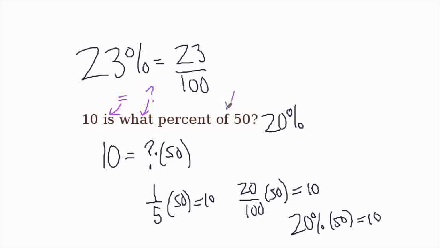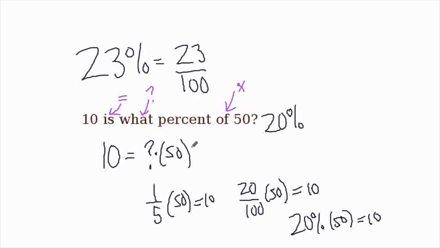And when you see an "of," that'll represent multiplication, maybe I'll put an X for multiplication. So you can see that question translated into 10 equals mystery number, or mystery percent in this case, multiplied by 50. That was how I reasoned out that the answer was 20%.